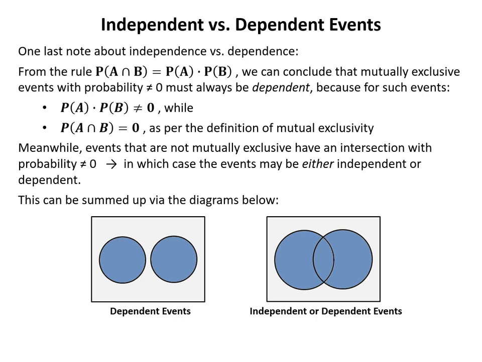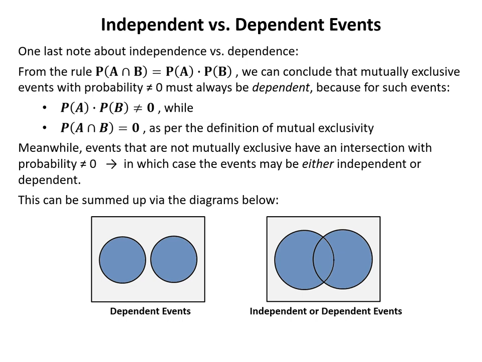One last note about independence versus dependence. From the rule for independence, that the probability of A intersection B equals the probability of A times the probability of B, we can conclude that mutually exclusive events where the probability is not equal to 0 must always be dependent. If the probabilities aren't equal to 0, then the product of the two probabilities will never equal 0, and that's just basic mathematics.